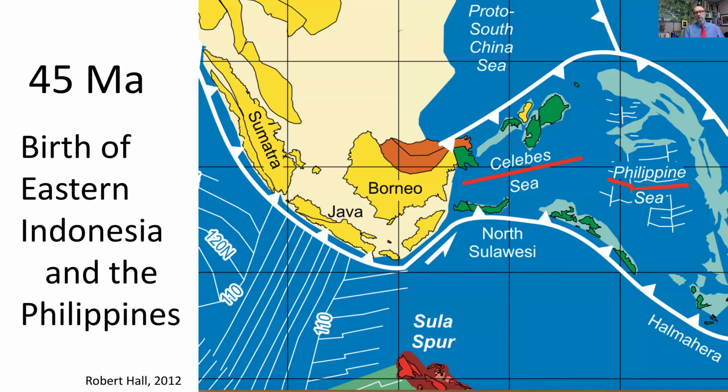Let's take a closer look at this situation at 45 million years before present, using the map of Robert Hall, published in 2012. And here you can see a pair of subduction zones with the South China Sea and Pacific Plate subducting to the south, and the Indian-Australian Plate subducting to the north.